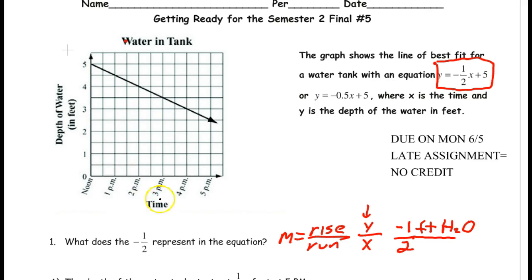And time looks like hours. So the trick to find the meaning is to look at the units. So this means it's going to go down, right, -1 foot. It's going to go down 1 foot of water for every 2 hours.